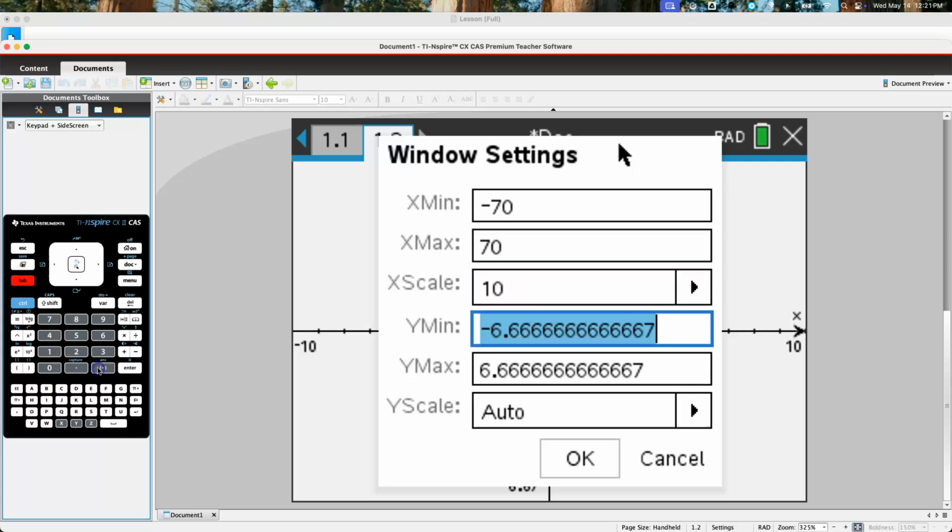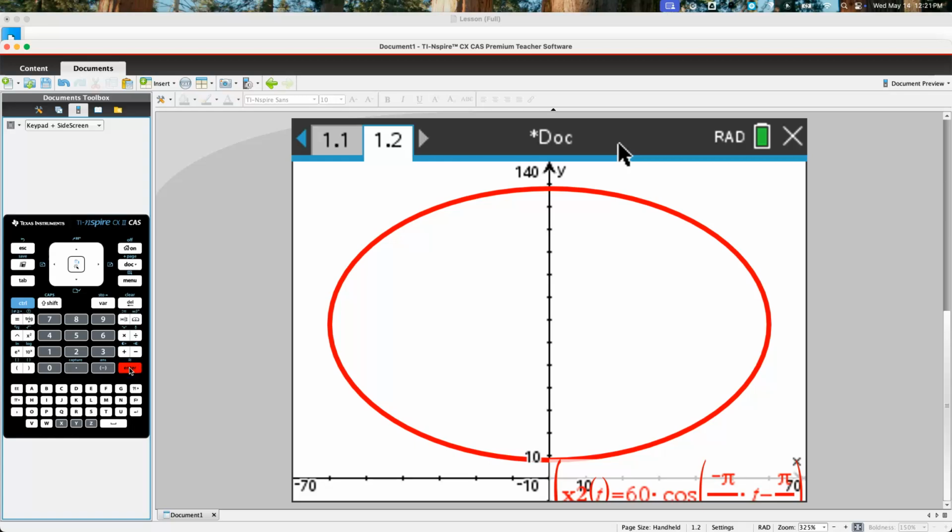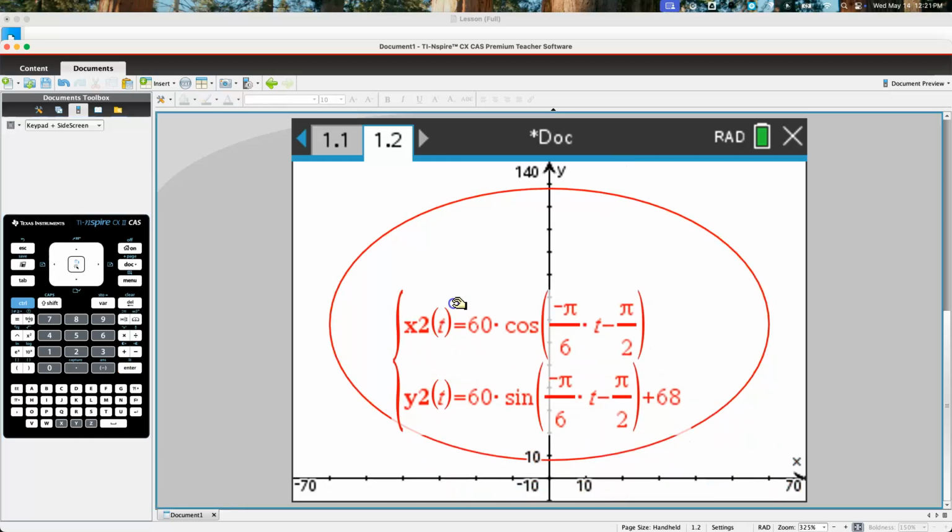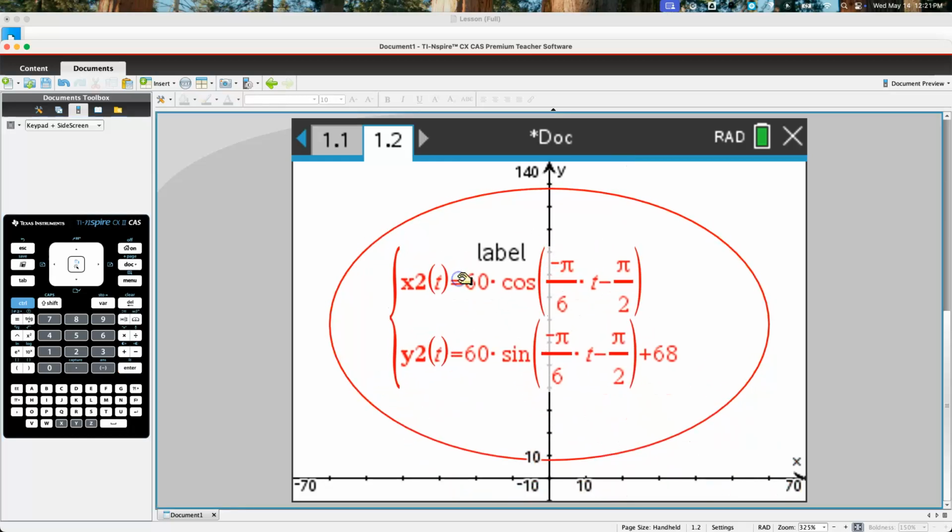I'm going to go negative 10, and I got to go up at least 128, so I'm going to go up to 140. Now, I'm going to leave this one as is, I'm not going to square it up, just to show you that you don't necessarily have to square it up. We know it's a circle.